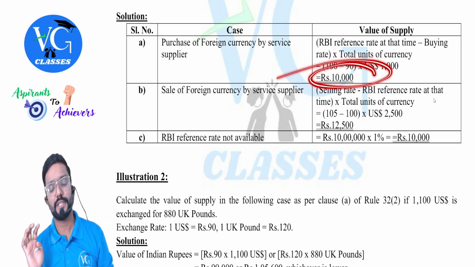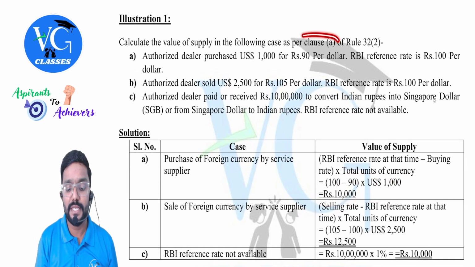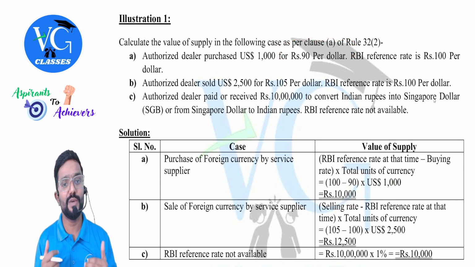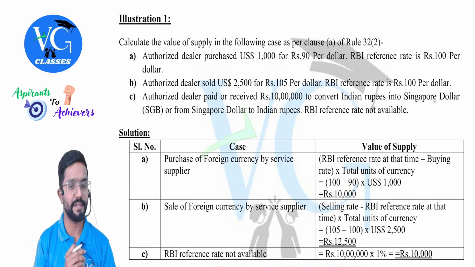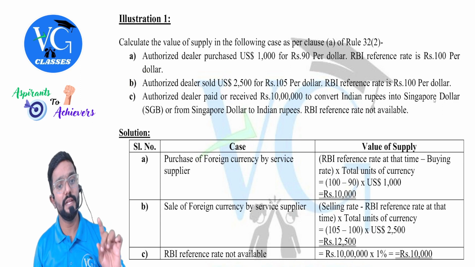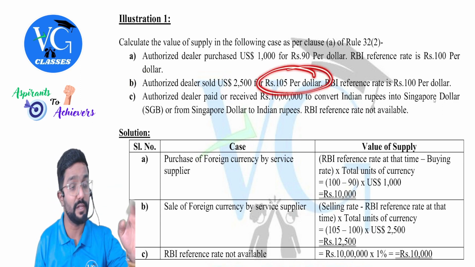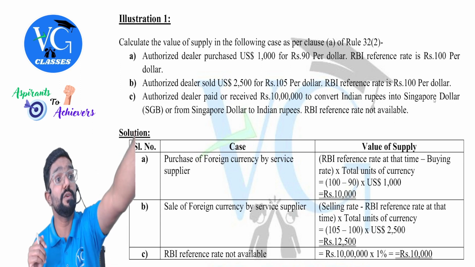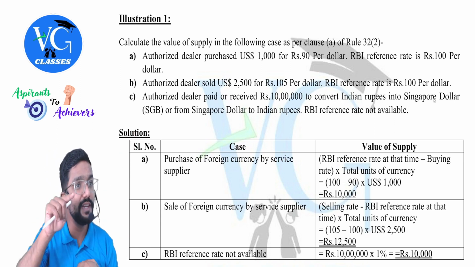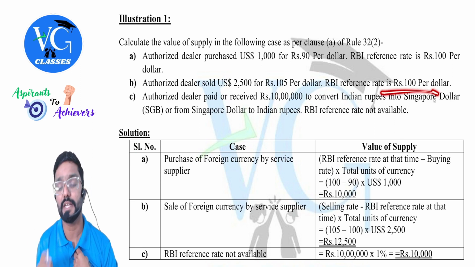Yes, sir. Next, second example. Here the authorized dealer purchased the US dollar and is selling it later. Second case, reverse. Authorized dealer sold US dollar 2,500 for 105 rupees per dollar. You are selling US dollar to me. Before selling it, you should have purchased it, no? Yes. What is the RBI reference rate for that? 100.